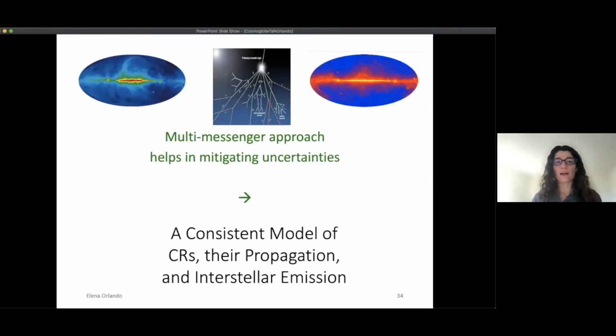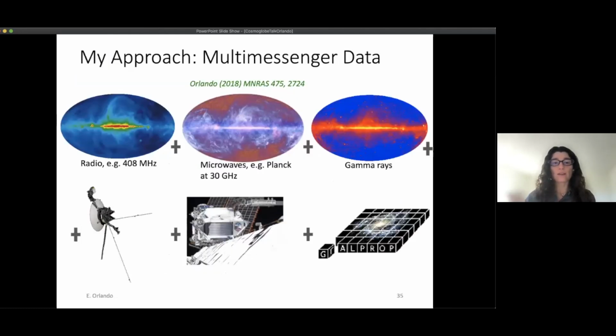I use a multi-messenger approach that helps mitigate uncertainties in order to obtain a consistent model of cosmic rays, their propagation, and also the magnetic field and interstellar emission as much as possible. In other words, cosmic ray propagation in the galaxy produces interstellar emission that extends from radio and microwave to gamma rays.